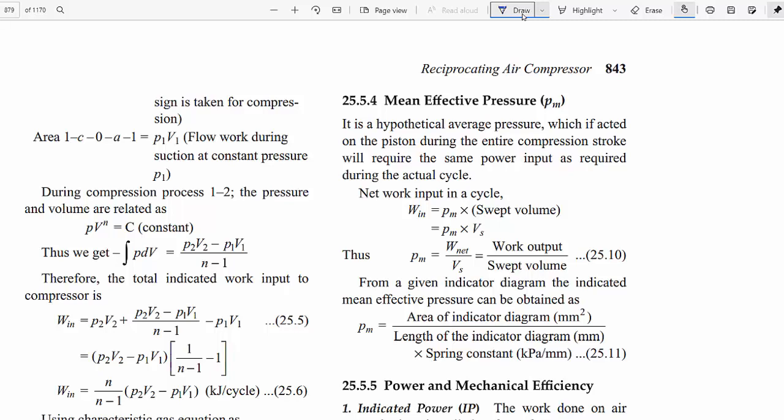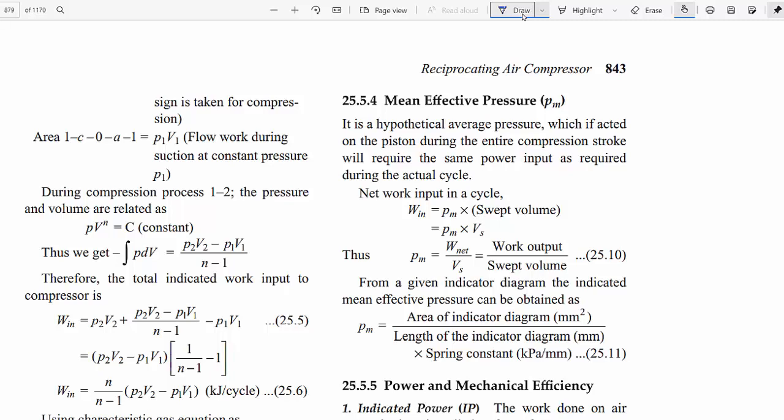Then we combine those terms. Here P1 V1 is subtracted from the total area, because that area is for the atmospheric condition.